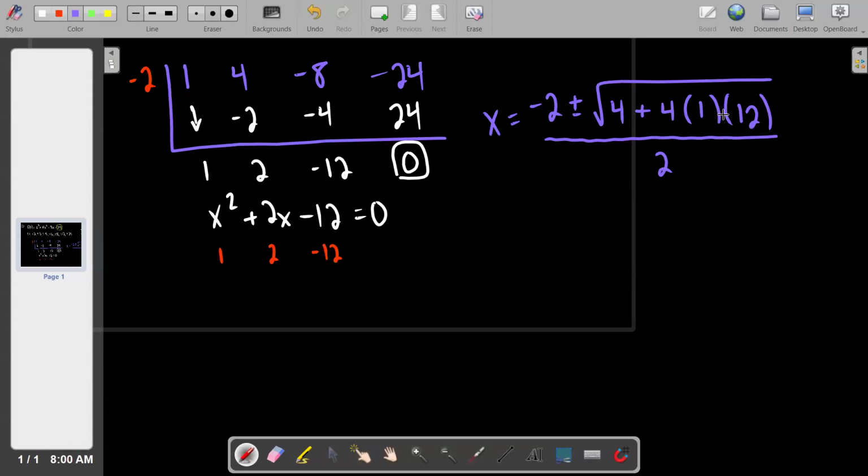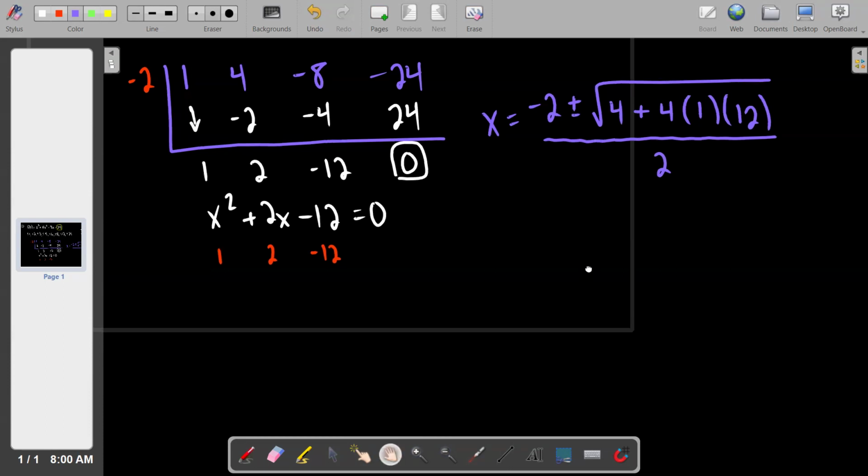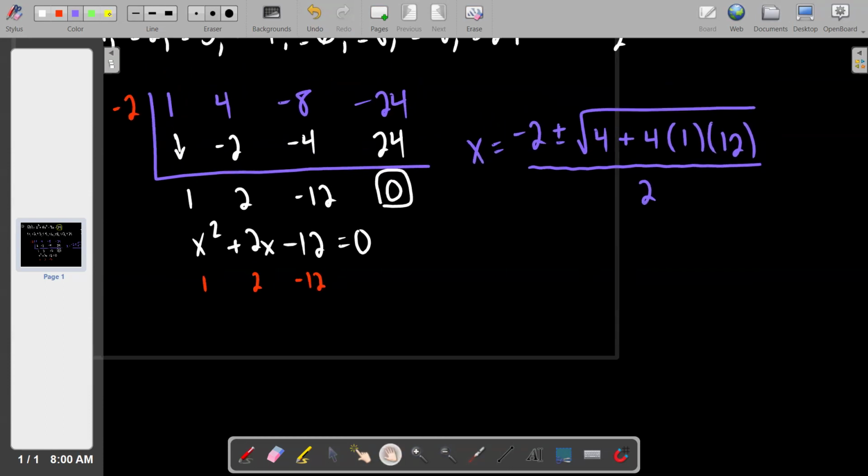Not imaginary, but we have to say irrational because inside the square root, we wind up with 4 plus 48. 4 times 1 is 4 times 12 is 48, and 4 plus 48 is 52. And we know that 52 is not on our red list of square rootable numbers. So we are going to have an irrational pair of solutions here.